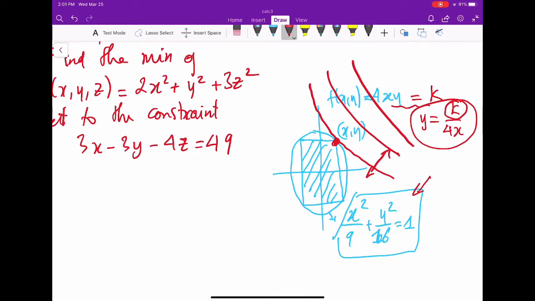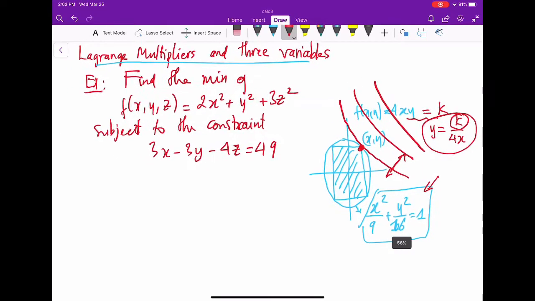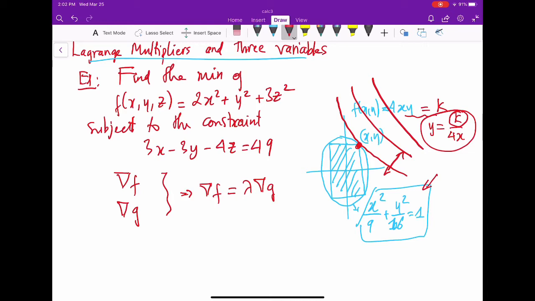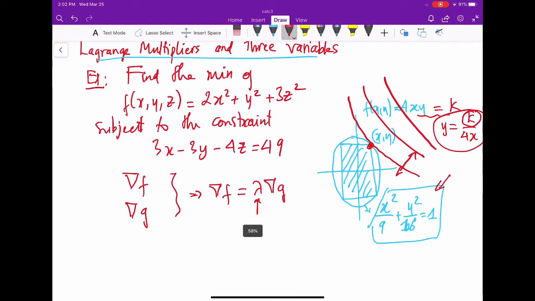And how to find that? The main idea is, when two curves are tangent, their normal vectors are scalar multiples of each other. And lambda in this case is called the Lagrange multiplier. So if we move to functions of three variables, we will talk about level surfaces.